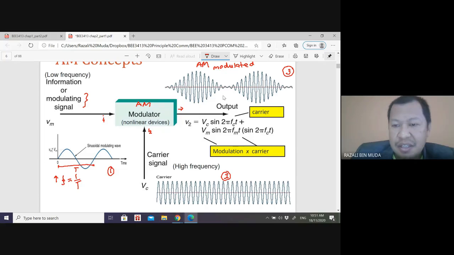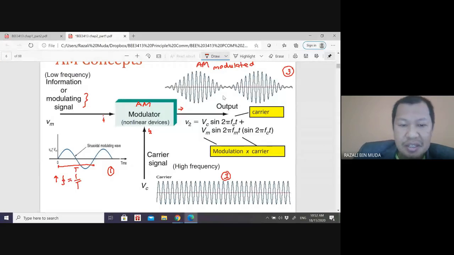Okay, so it has an equation, so that you can express this signal in terms of a mathematical model. So for a simple sine wave signal, siapa yang ingat dia punya equation? Macam mana equation dia? Sama saja, simple sine wave is Vm, the amplitude, sine omega t, right?